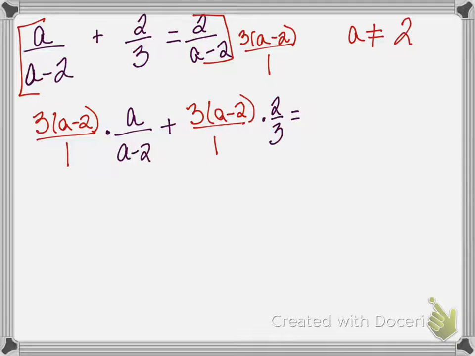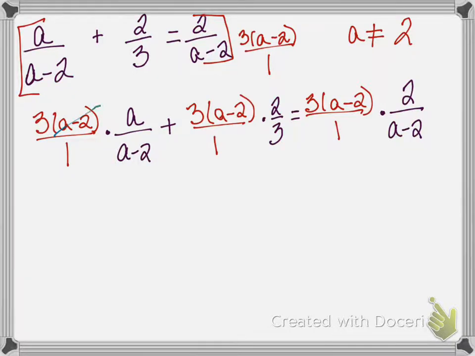I always think I'm going to write smaller, and I never do. 3 times A minus 2 over 1 times 2 over A minus 2. And hopefully you can see that purple is your original equation that we started with. And now we're going to clean this up. We're going to simplify some of this.